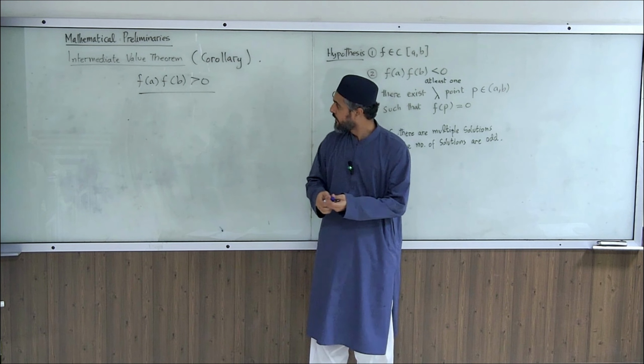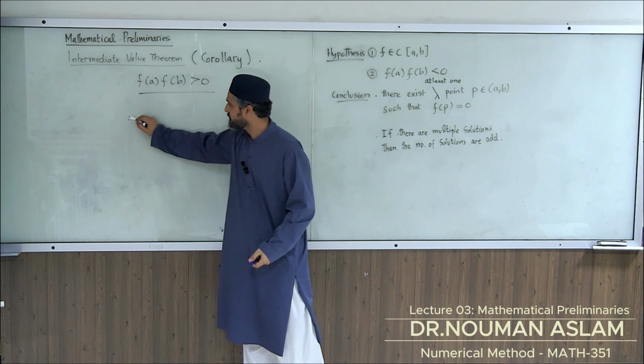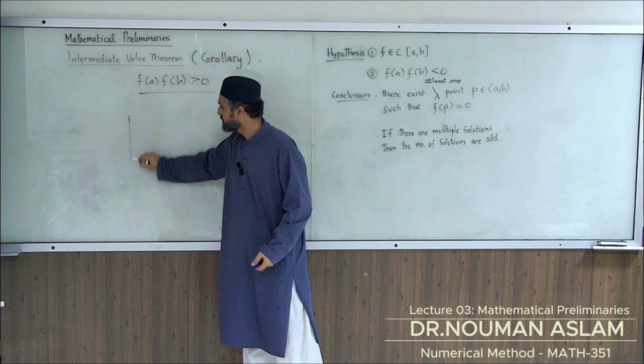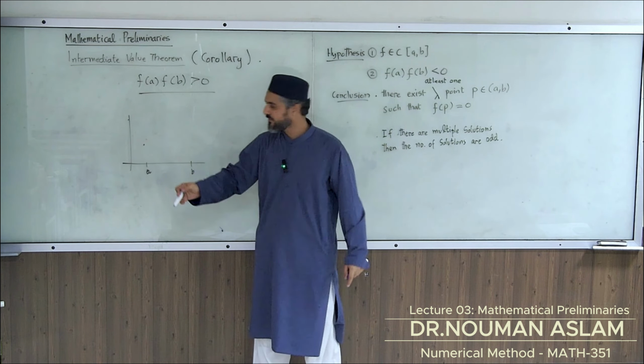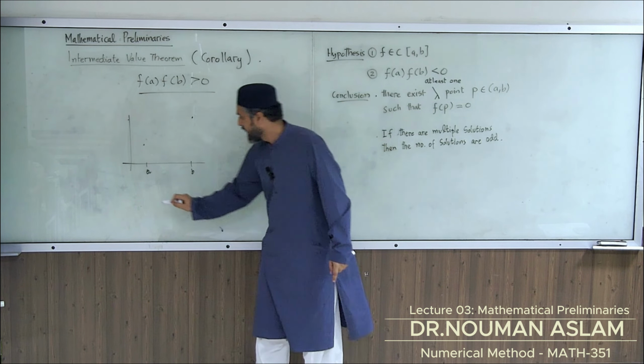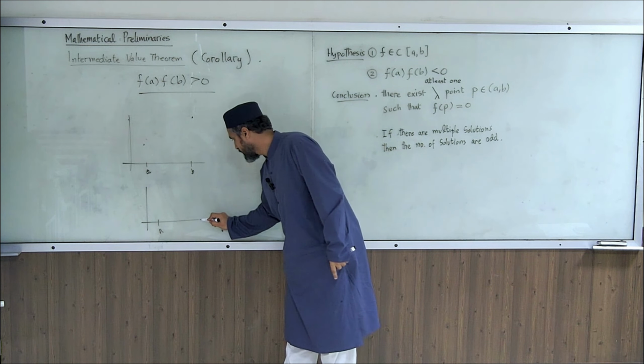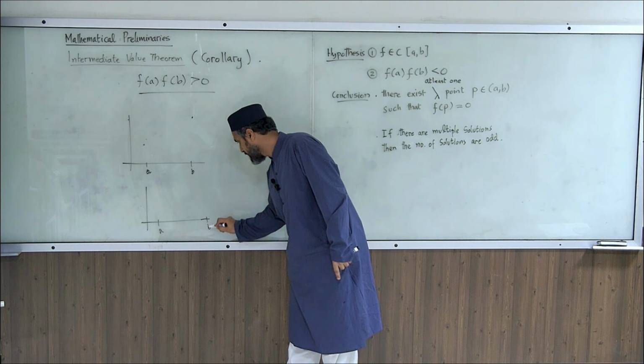Let me take a view of a point A and point B. For example both are positive, this is f of A and this is f of B. Let me also draw some more options because we will be concluding a thing.